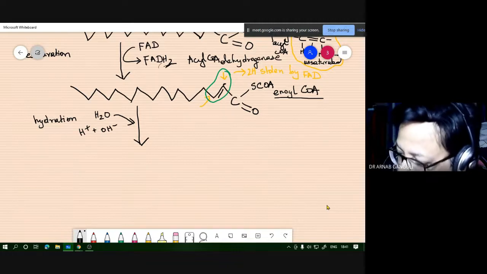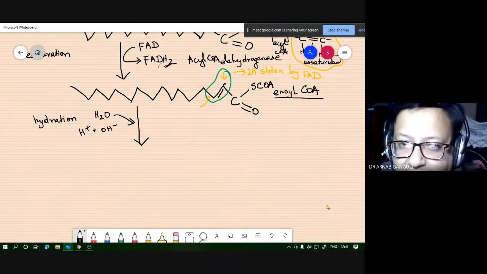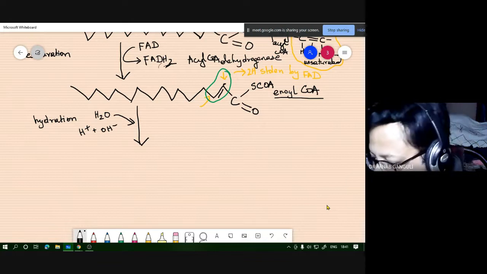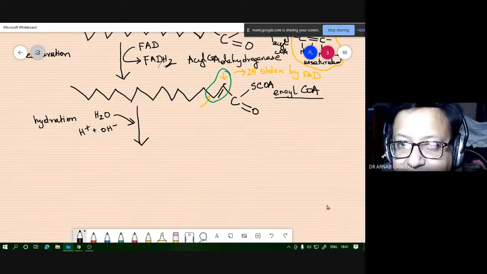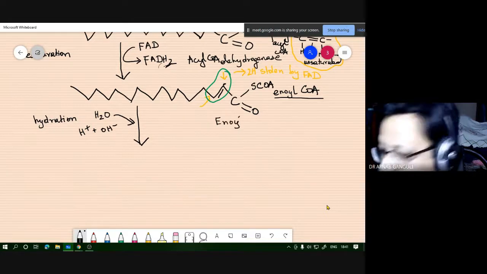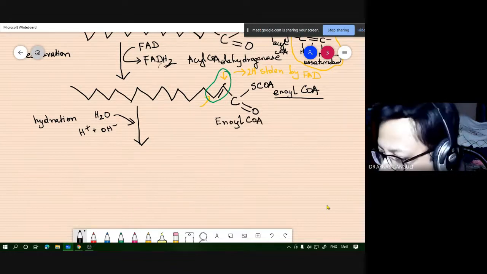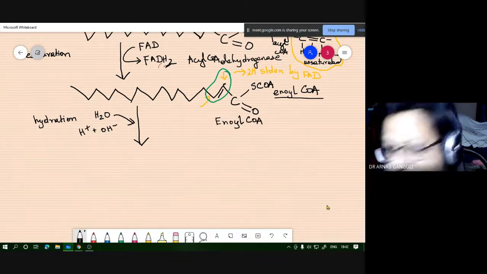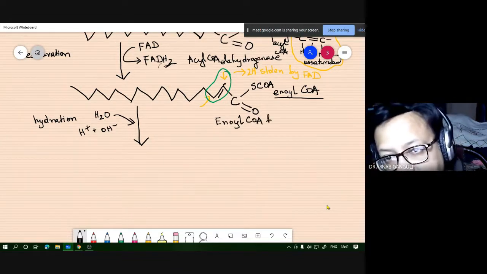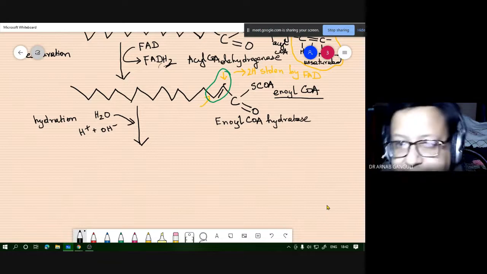This enters and a hydration reaction takes place. Since it is an enoyl CoA, the enzyme is enoyl CoA hydratase.